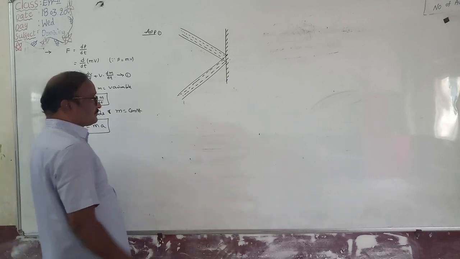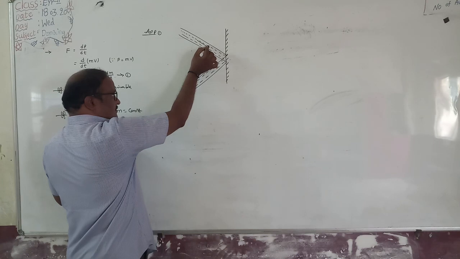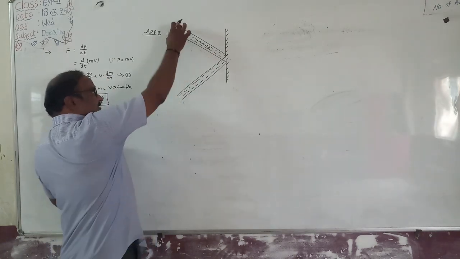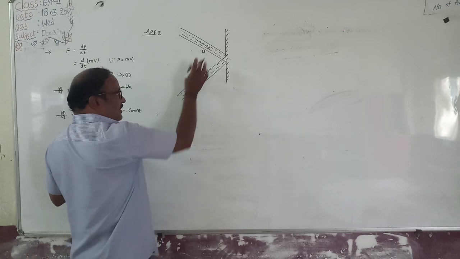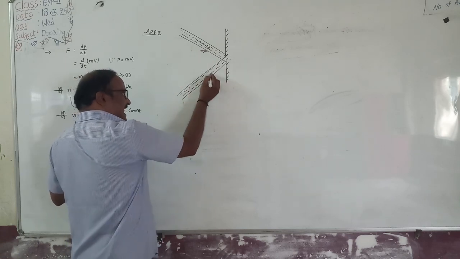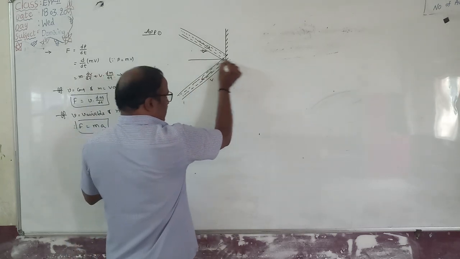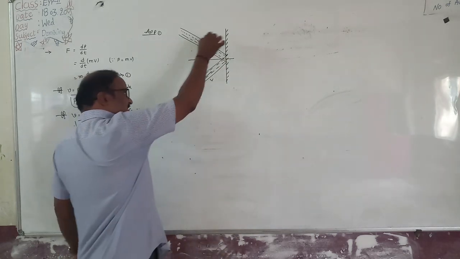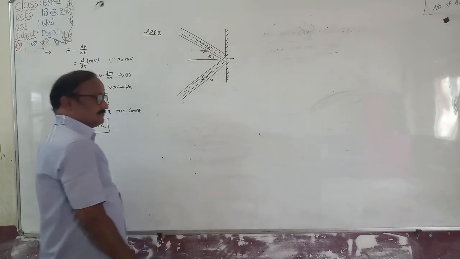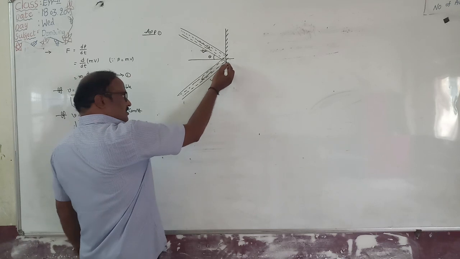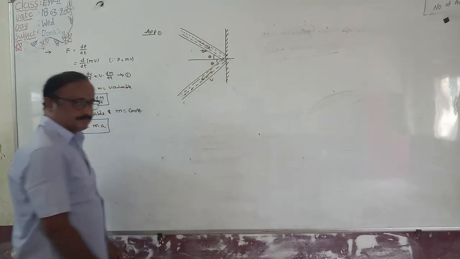Also, it is given that the jet of water strikes the wall with a velocity v and rebounds with the same velocity v. Also, the jet of water strikes the wall at an angle theta with the vertical. Here, the reflected jet of water makes the same angle, also equal to theta.